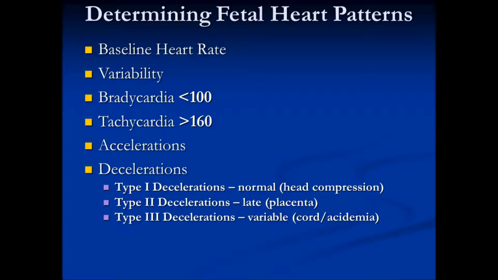So with earlier type 1 decelerations, they follow uterine contractions in onset and duration. So the baby will decelerate as long as that contraction lasts. The heart rate may drop to 60 to 80 beats per minute during the contraction. That is totally acceptable. Rapidly returning to baseline following the contraction.